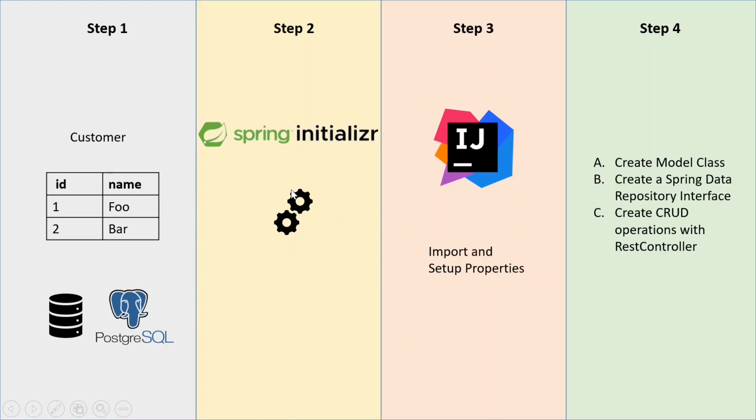Once the application is ready, we are going to import it into IntelliJ IDEA, and set up the properties that are required to run the application. Then step 4 is an important one, where we are going to write all the code that is needed for our application. We are going to create first a model class, then create a data repository, and then create all the CRUD operations for our application.